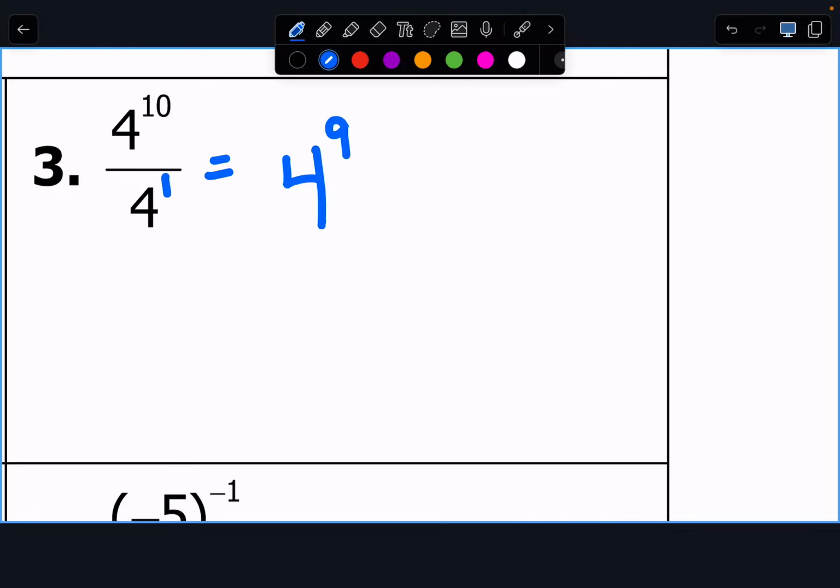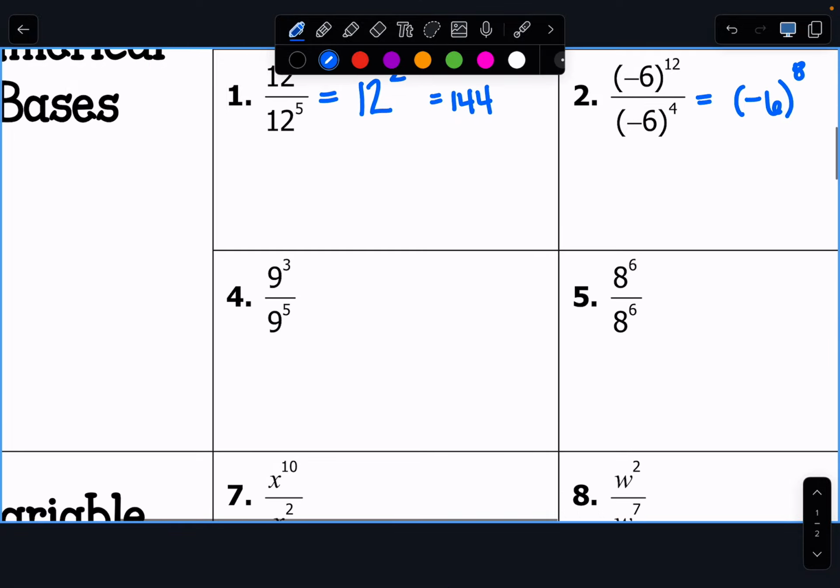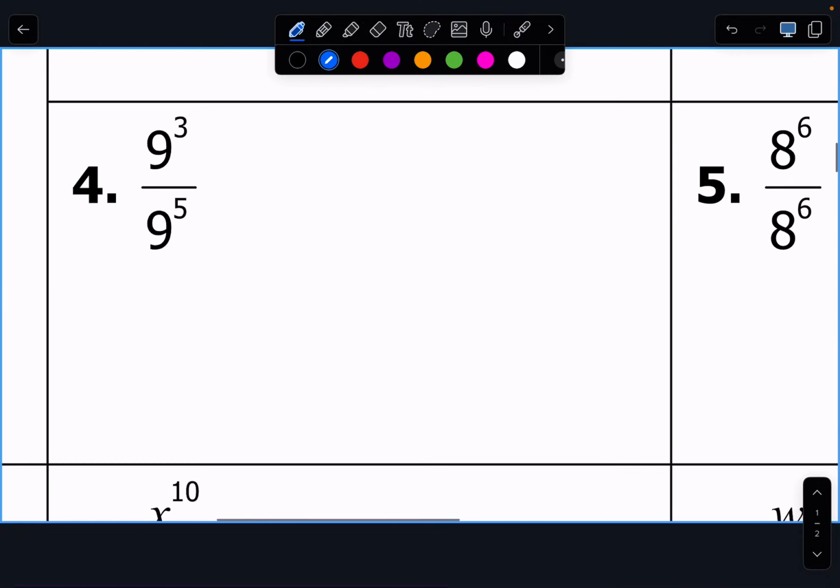Okay. So let's look at number 4. We're dividing. We have the same base. What do we get when we take 3 minus 5? We get negative 2. Do I want you to leave a negative exponent? No. When we have a negative exponent, we have to rewrite.